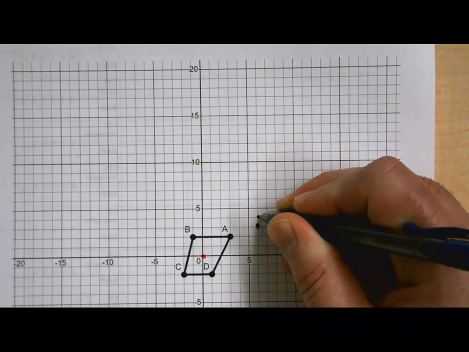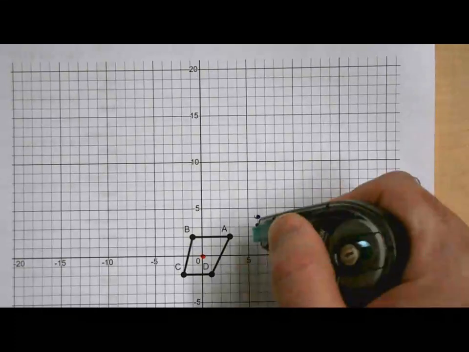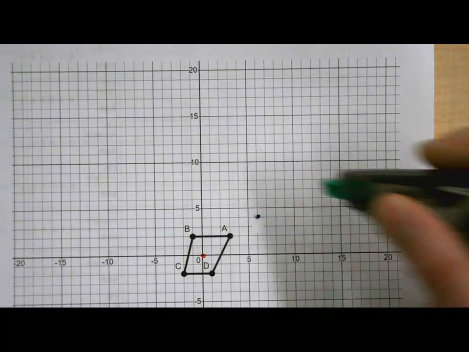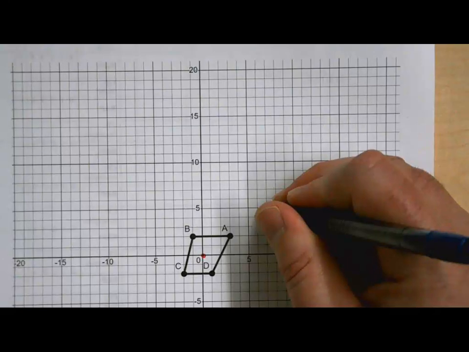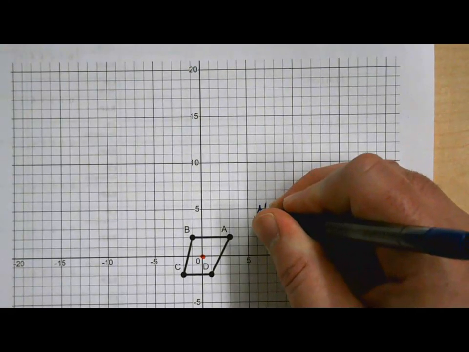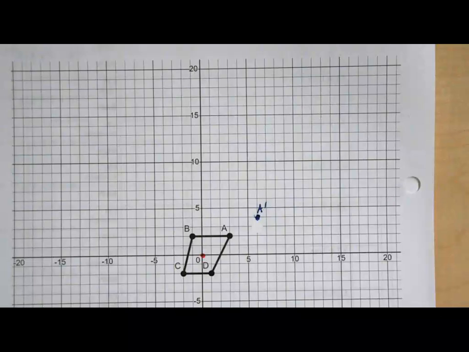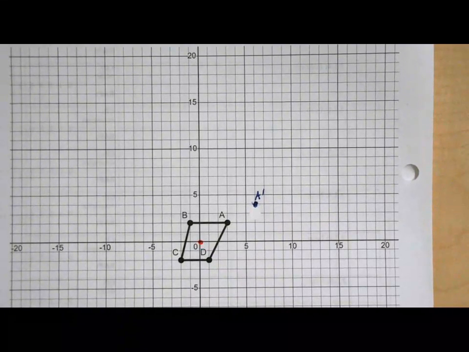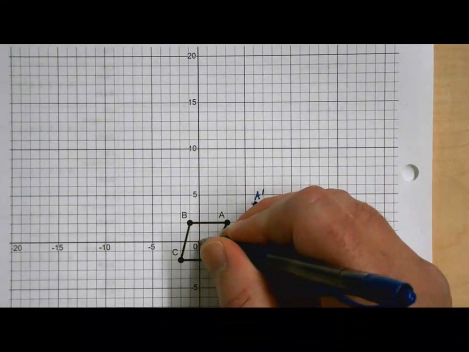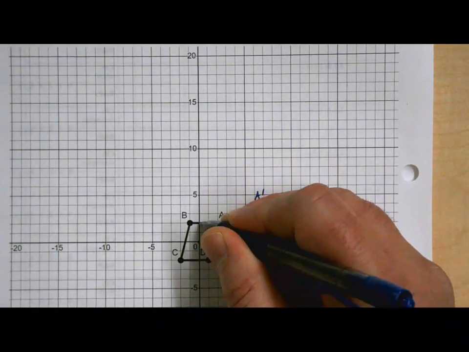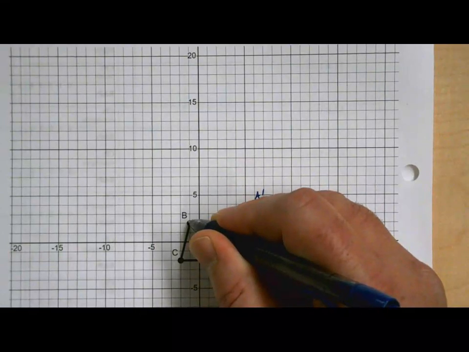Oops. Didn't count very well there. And you can go ahead and label that A prime. Let's go ahead and do the same thing for B, C, and D. So looking at B, to get from the origin to B, I'd go up 2 and to the left by 1.